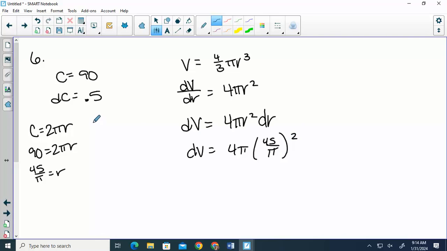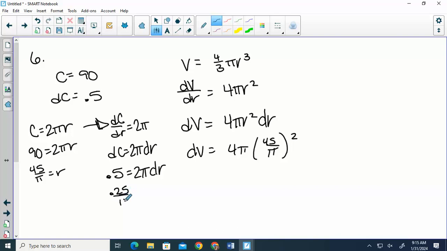Okay, dr. If we did this derivative, we would have dC/dr equals 2 pi, so the dC is 2 pi dr. But I told you dC was 0.5. So 0.5 divided by 2 is 0.25 over pi, which is the dr.